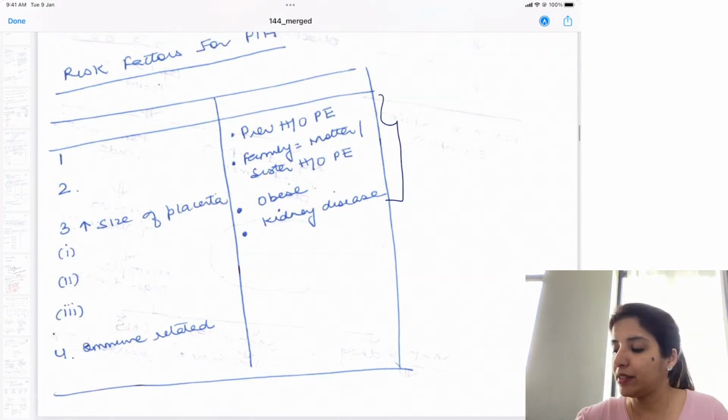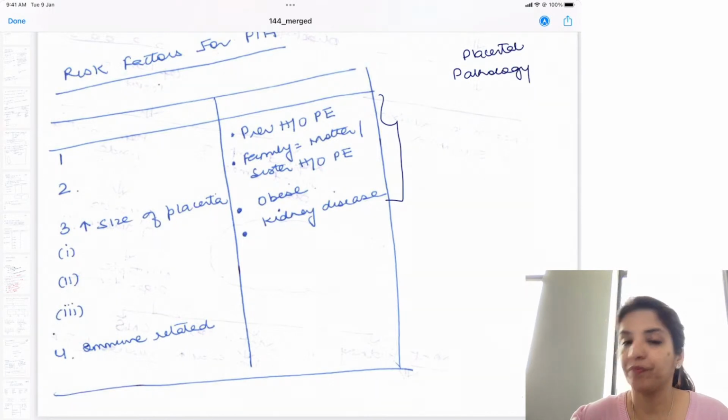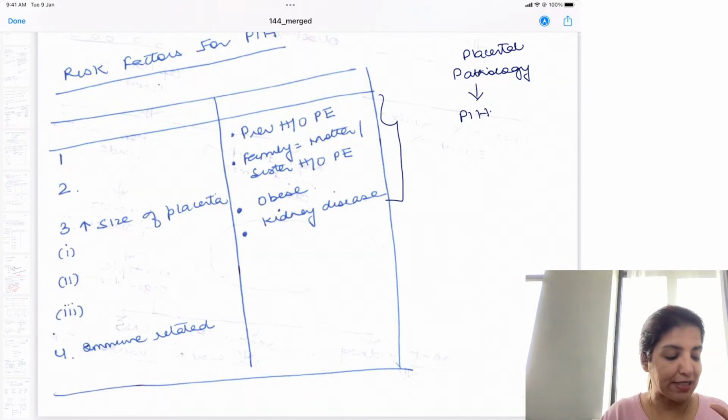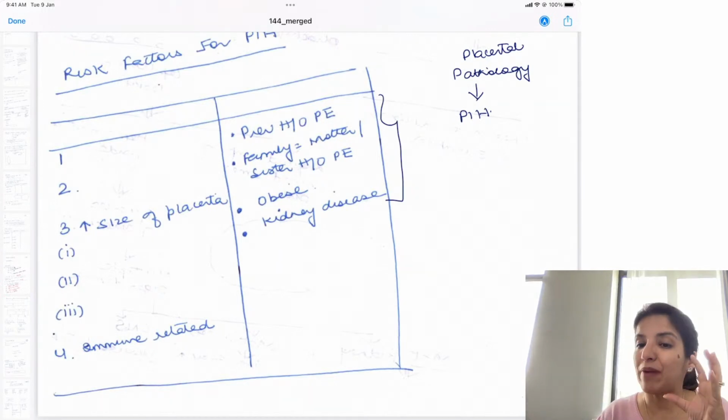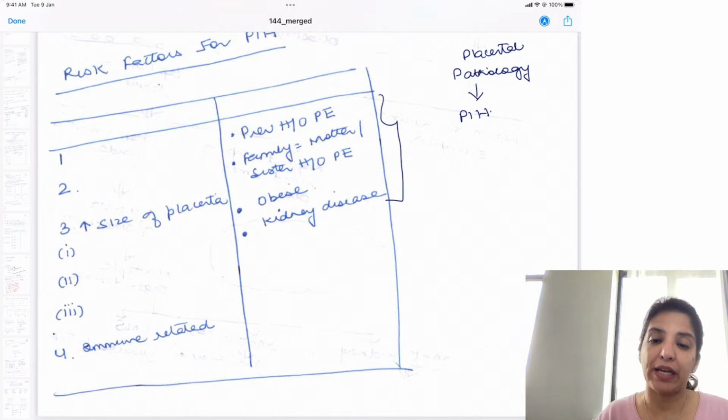Now, understand that there was this placental pathology, because of which PIH was happening. That placental pathology was leading to PIH.